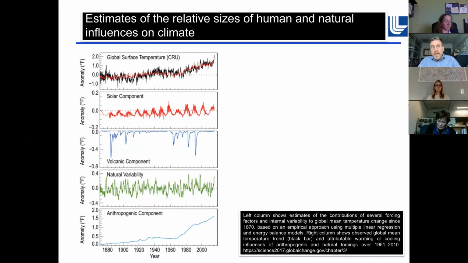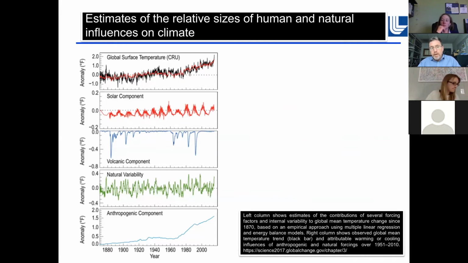The fourth panel from the top, the green line, that's natural internal climate variability. Those big warm and cool spikes are El Niños and La Niñas, but again, no overall increase in the green line over the 20th century.